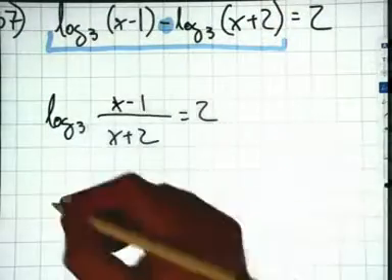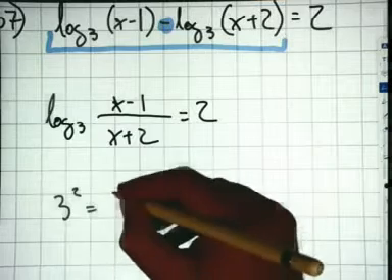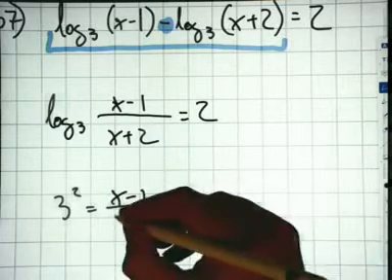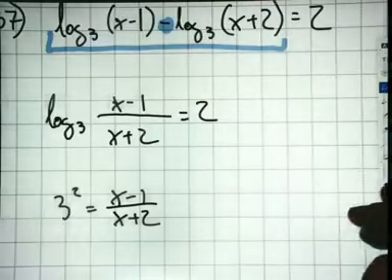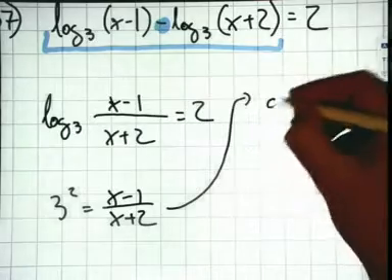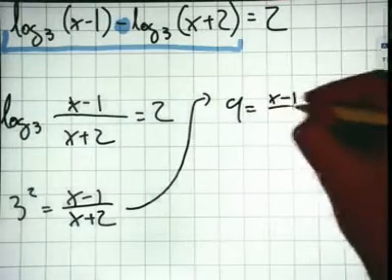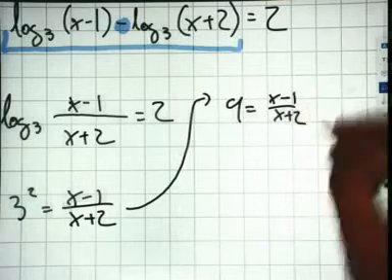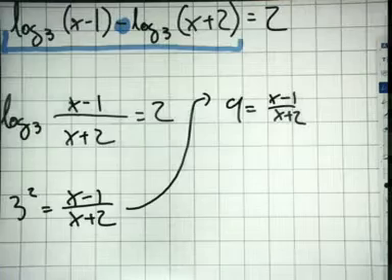So we can rewrite this as 3 raised to the 2 is equal to x minus 1 over x plus 2. Which then gives us 9 is equal to x minus 1 over x plus 2. So how do we solve this equation?